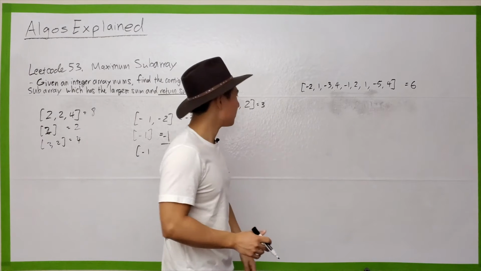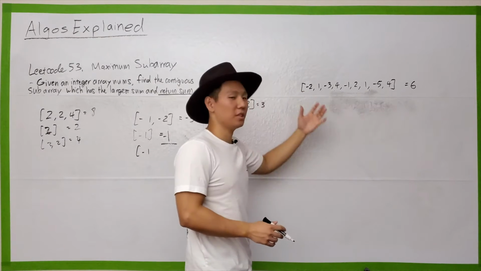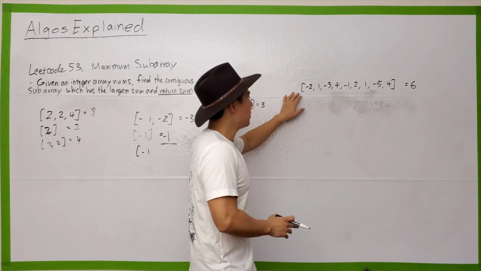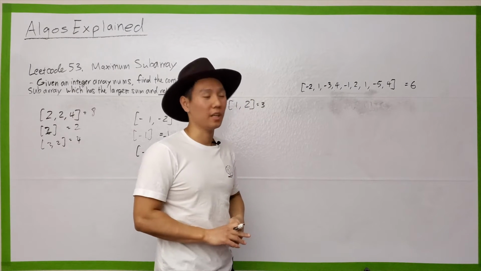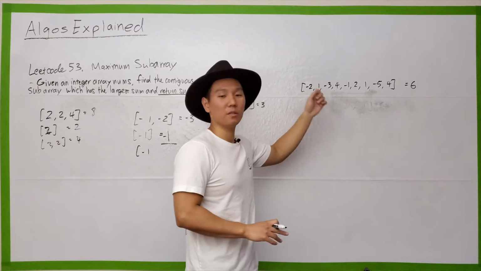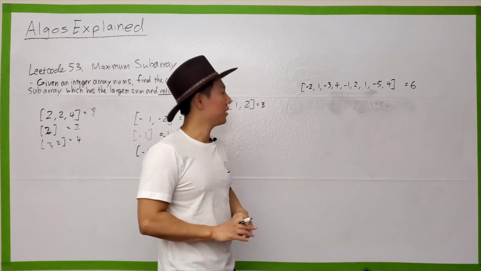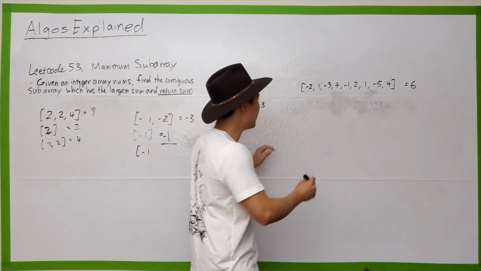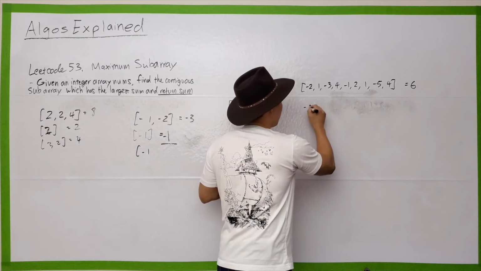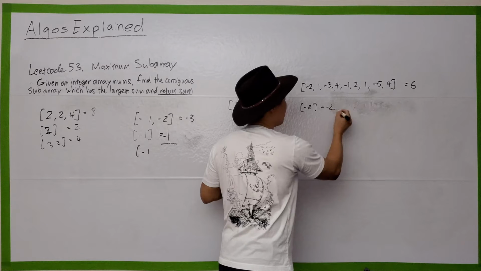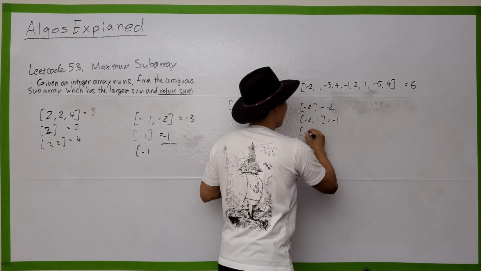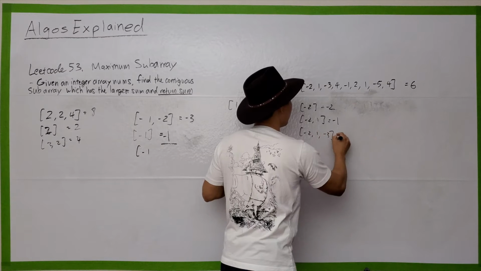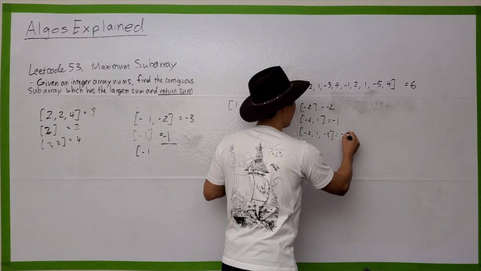one by one. Okay, so there's a couple of approaches. The worst approach that you might take is getting every single subarray. We don't want to do that ever. Meaning, say someone got -2 and determined the sum was that. If they got -2 and 1, determined the sum was that. -2, 1, -3, and determined the sum was this.